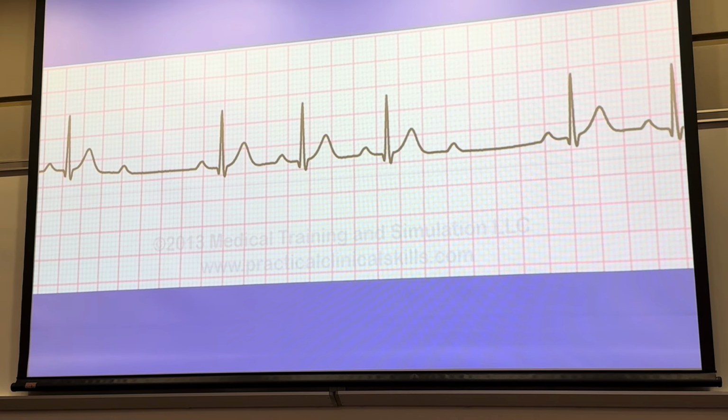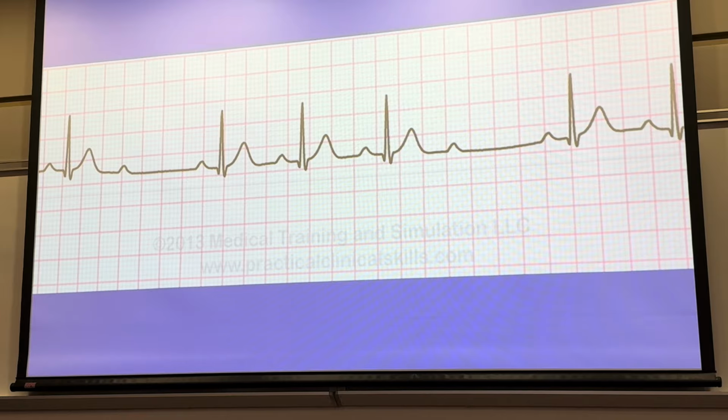Zach, what do I have on this one? Is that a third degree heart block? Not quite. Second degree, would you? I'm hearing second degree type what? Oh, that's right, third degree, they have no relation to each other.